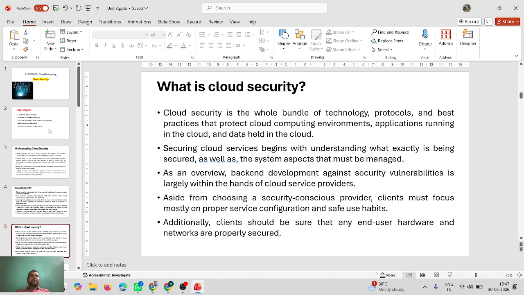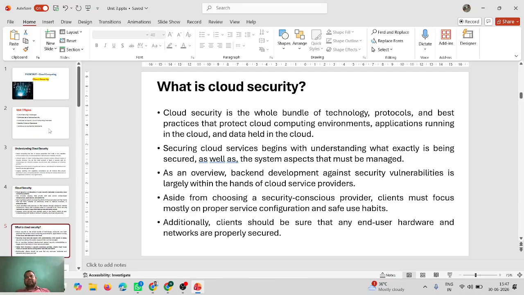So first, we should understand what kind of data or services you are going to protect, as well as the system aspects that may be managed. What kind of data or information or services should be shared to the cloud service provider, right? So that in case of any compromise or any loss, how to retrieve that data or system from the cloud service provider, right?